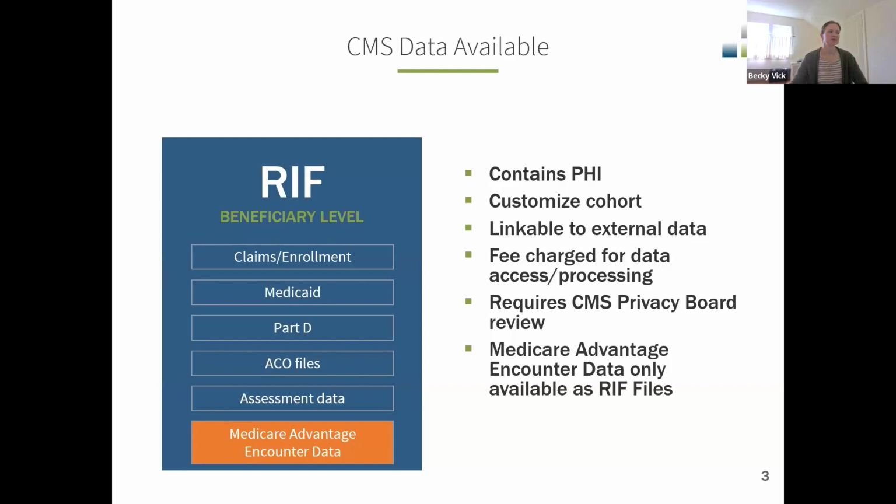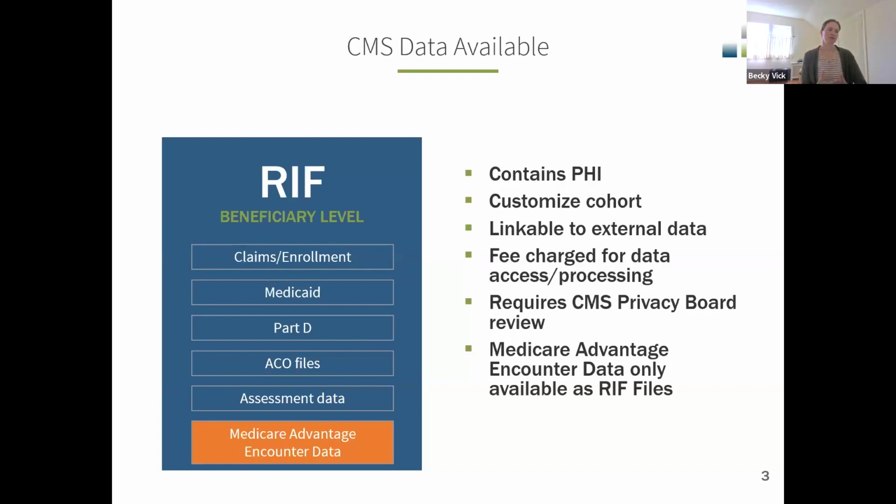So RIFs contain personal health information, or PHI, and while most RIFs don't actually contain direct identifiers like social security number or name, there is enough information that when used in combination, a person could potentially be identified. For example, if you combine zip code with date of birth and date of death and service dates, you might be able to identify an individual.